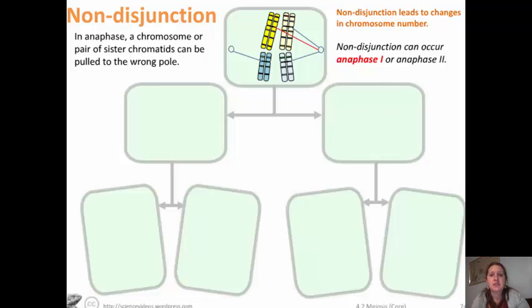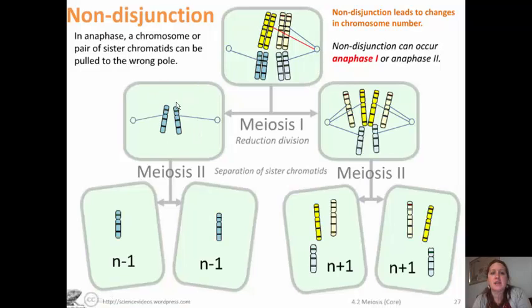This can happen in anaphase 1 or anaphase 2 because in anaphase, either the chromosomes of a pair or the individual sister chromatids are pulled apart. And you can see here that instead of this yellow guy going to this pole over here, it is being incorrectly pulled to this pole. So what that means is we will have fewer chromosomes over here. So these two haploid cells are missing chromosomes, and these haploid cells have too many chromosomes.